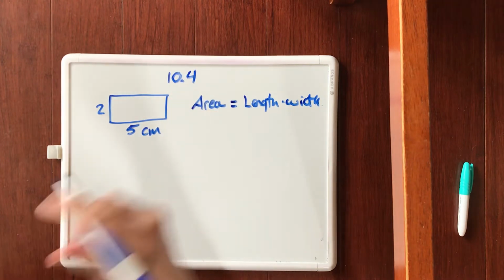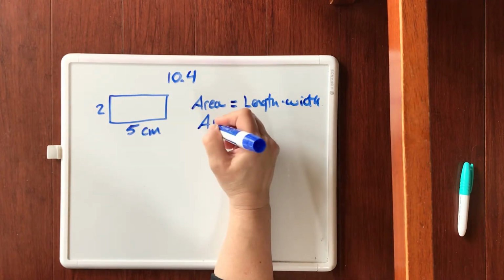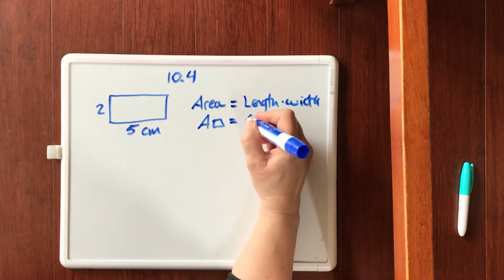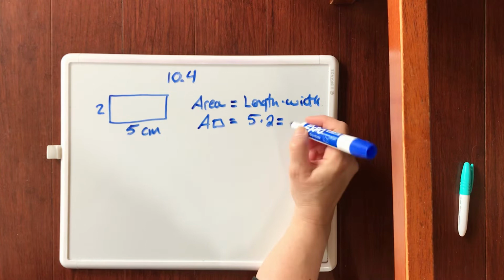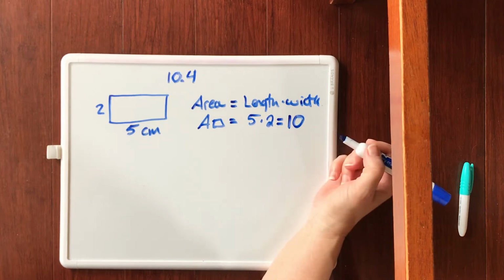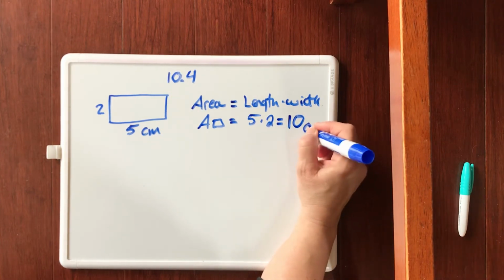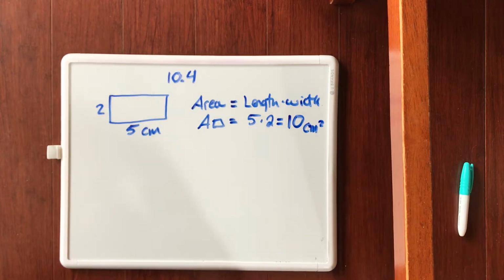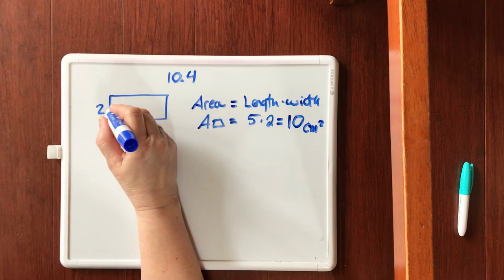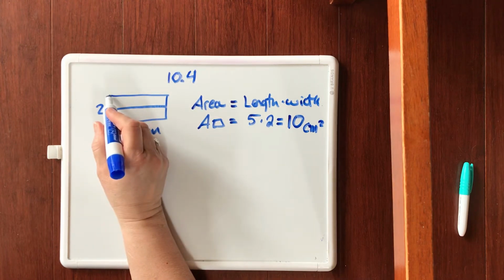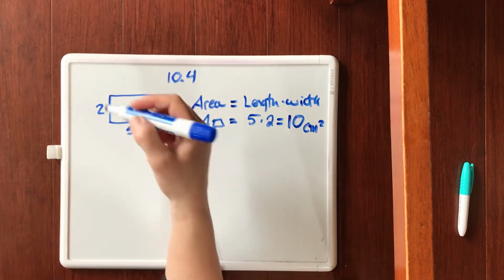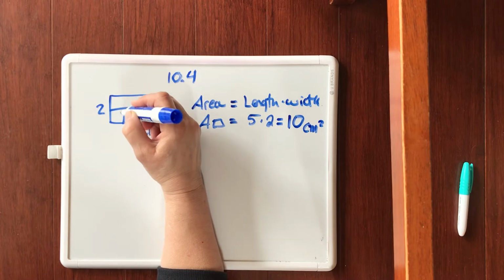Okay, so in this case, the area of this rectangle, the length is 5, the width is 2, so our answer would be 10, but 10 what? 10 centimeters squared, because what area really tells us is how many squares we have in a shape. So we split this up into 2 equal parts, and then we split this into 5 equal parts.